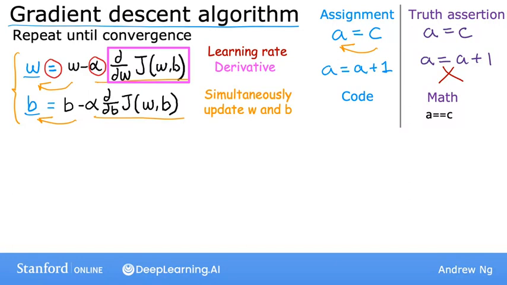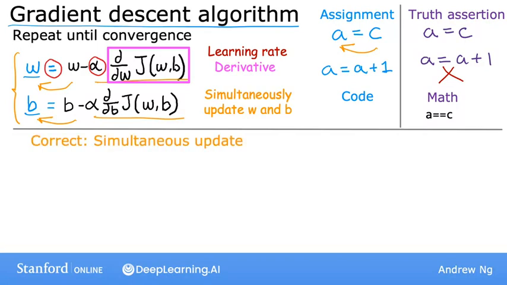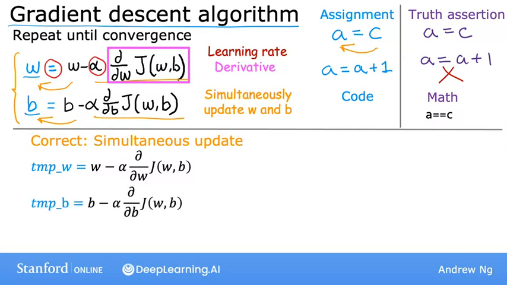So let's take a look at what this means. Here's the correct way to implement gradient descent, which does a simultaneous update. This sets a variable temp w equal to that expression, which is w minus that term here. Let's also set another variable, temp b, to that, which is b minus that term. So you compute both right-hand sides, both updates, and store them into variables temp w and temp b.